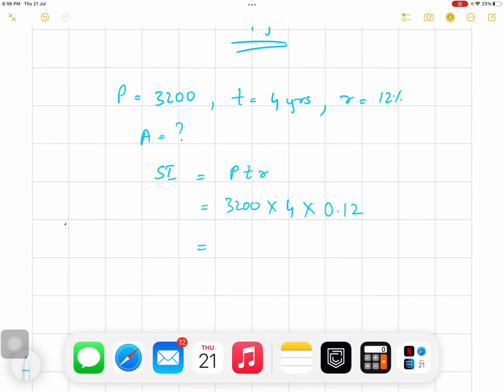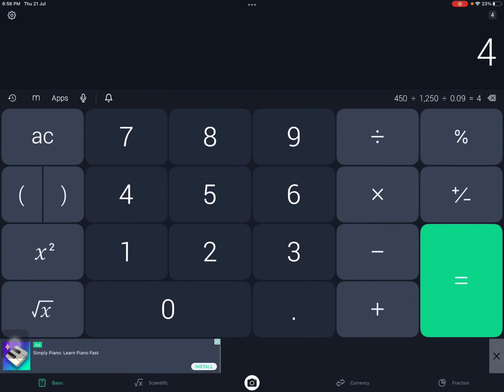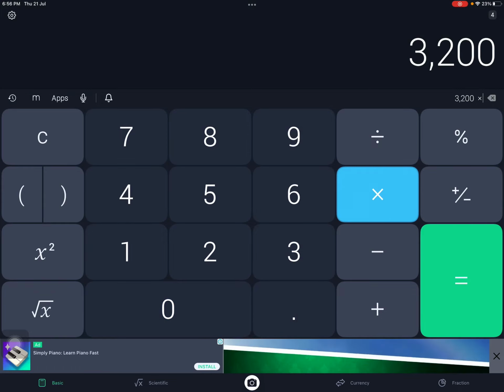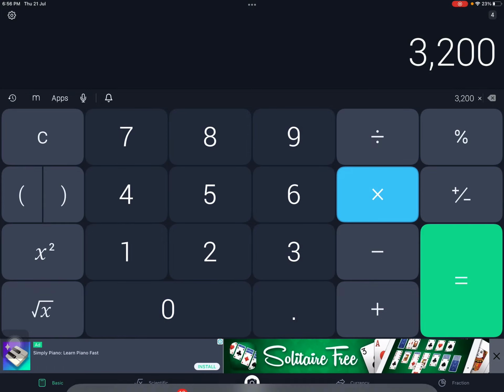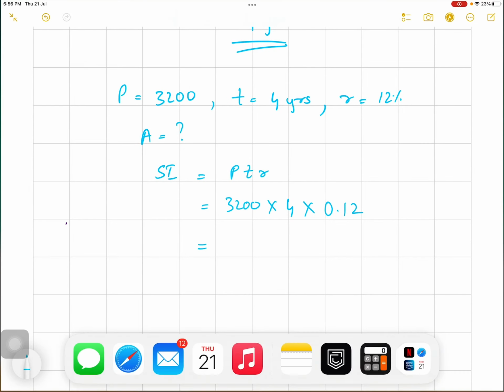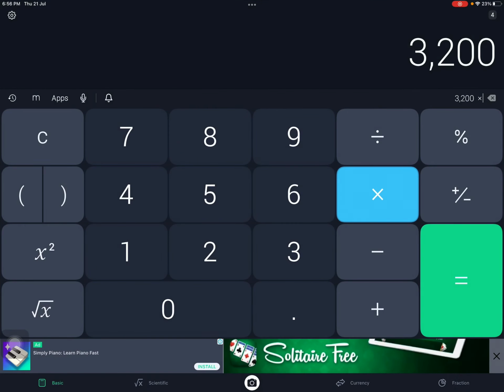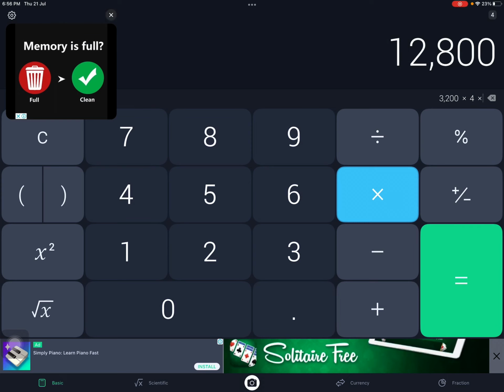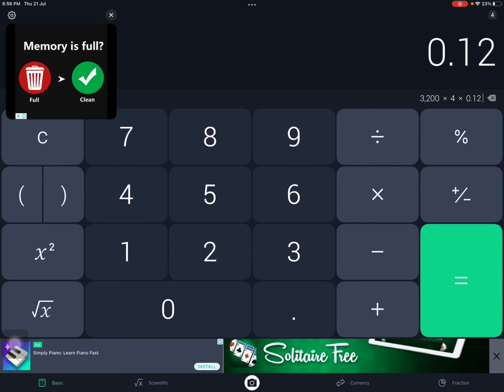So let's calculate this. 3200 into 4 into 12%, so 0.12. So it comes to 1536.